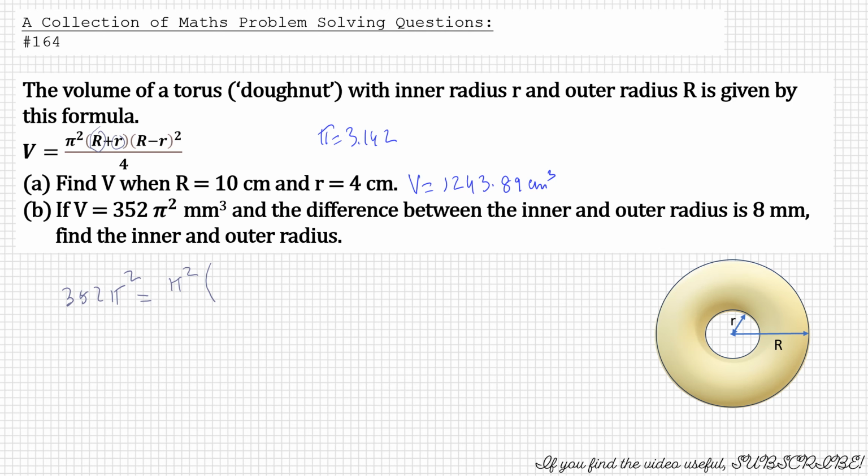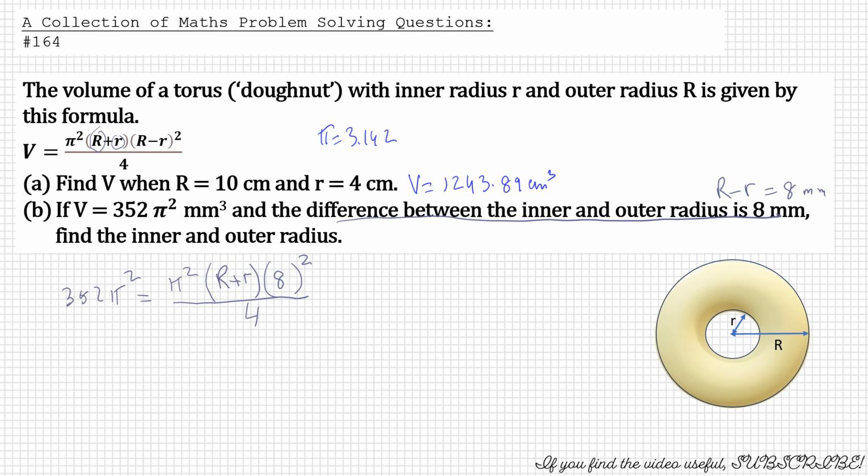So then we don't know what R plus r is, however we do know the difference. So that means capital R minus small r equals 8 millimeters. So we can write here 8 squared, and the whole thing divided by 4.